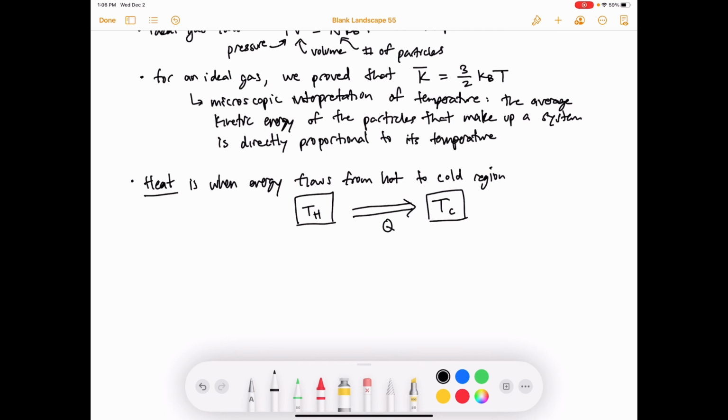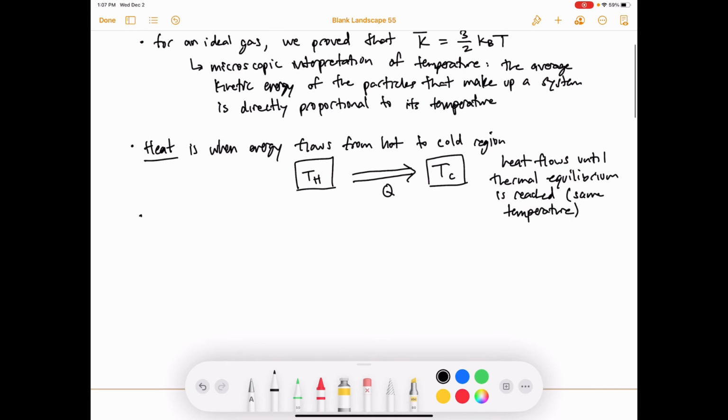And heat will continue to flow until thermal equilibrium is reached. And that means the two regions now have the same temperature. Okay?